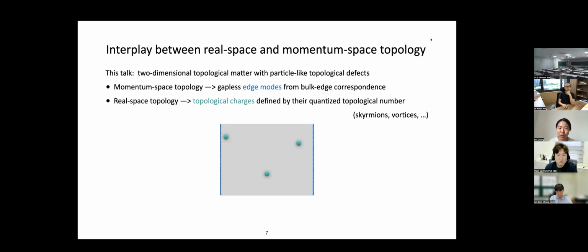So like in the case before, but the real space topology is more specifically 2-dimensional ones that are defined by their quantized topological number, and more specifically, they're particle-like.